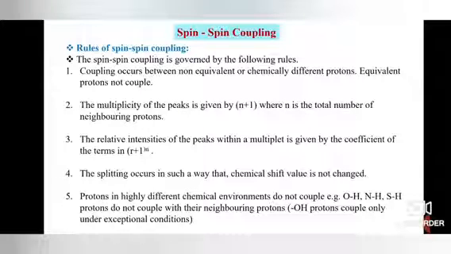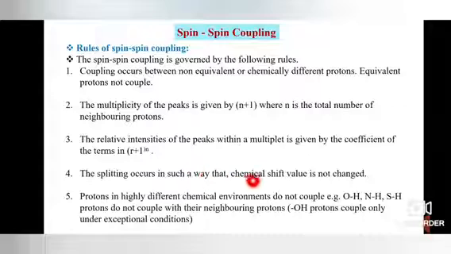Rules of spin-spin coupling. Spin-spin coupling occurs when the protons have different chemical environments. That is, non-equivalent protons are coupled while equivalent protons are not coupled. The multiplicity of the peak is given by n plus 1, where n is the total number of neighboring protons. Relative intensities can be calculated within the multiplet by taking the coefficients of the terms in (r plus 1) raised to n, where n is the number of neighboring protons.